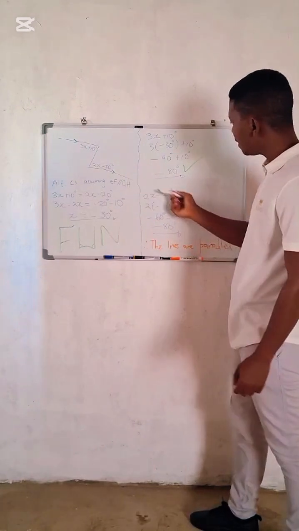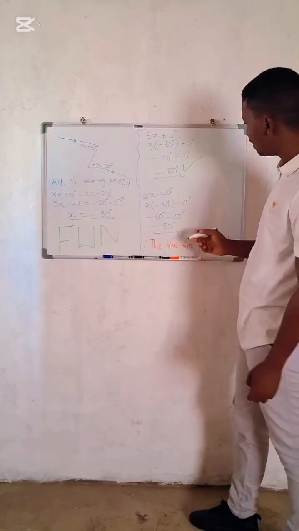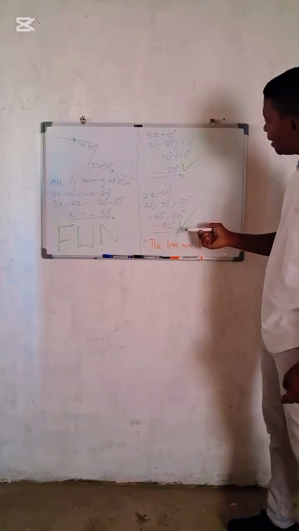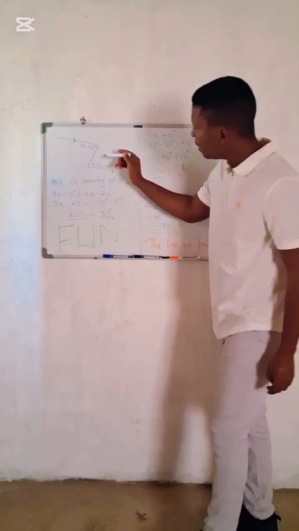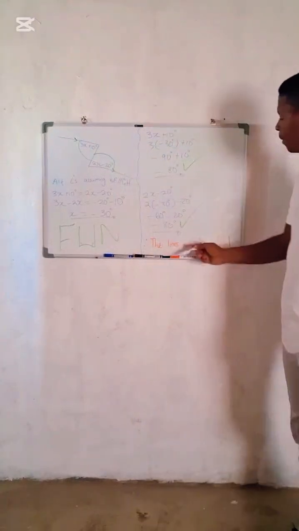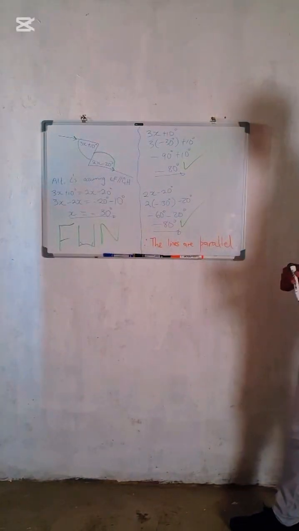Instead of x, I put negative 30. Remember, x is negative 30. Then I found negative 80 again. As you can see, this angle is equal to that angle, both equal to negative 80. Therefore, these lines are parallel.